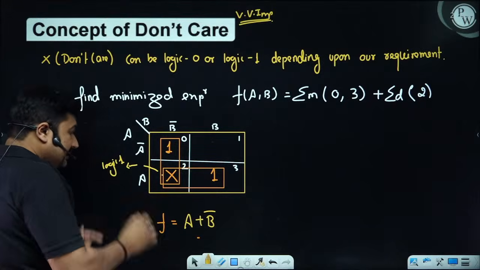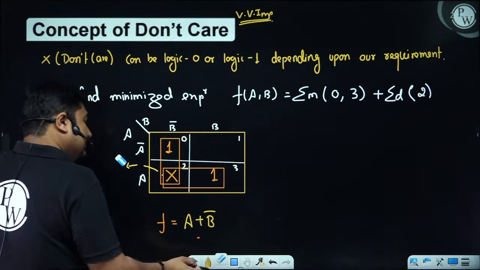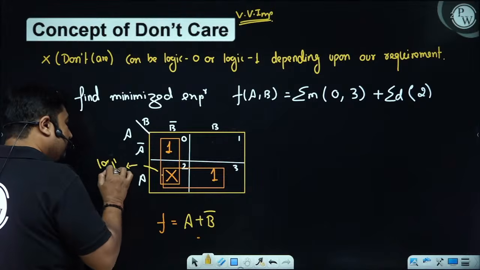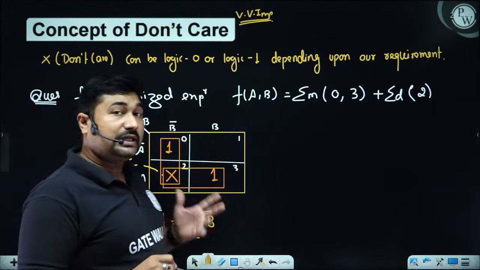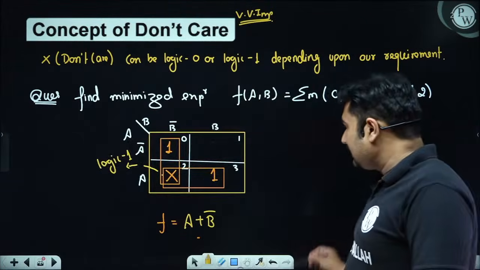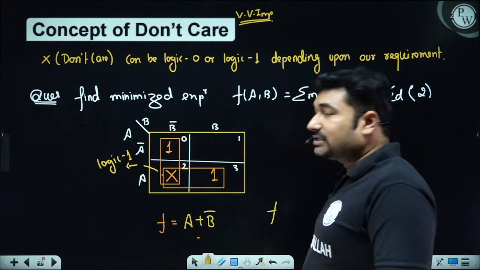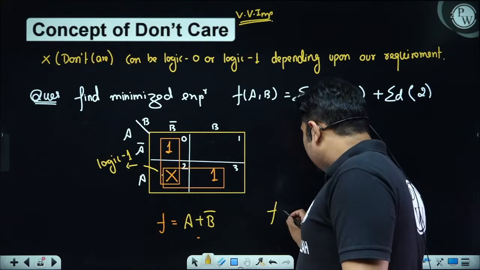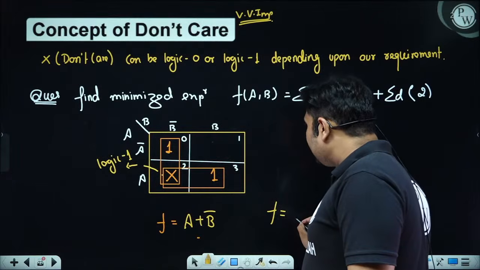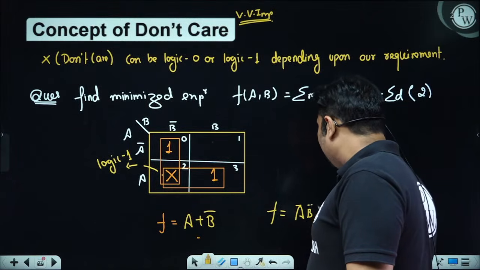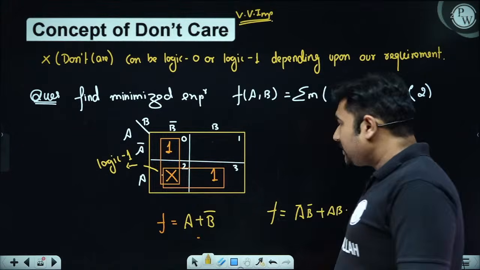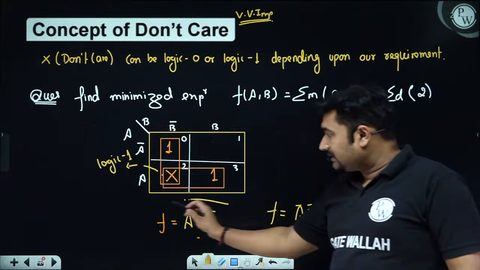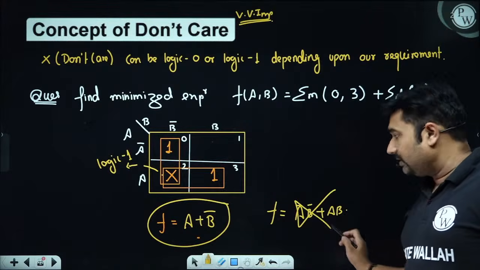If someone is saying, sir, it's up to me, I will consider it as logic 0, then what happened? Then we will create A bar B bar plus AB. Now which one is more minimized? Absolutely this one is more minimized. This is the wrong one.